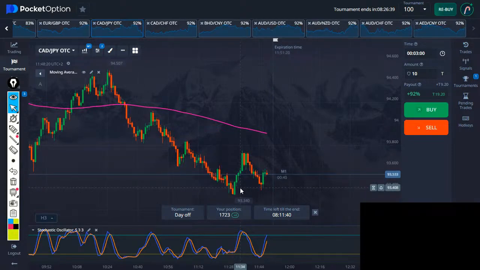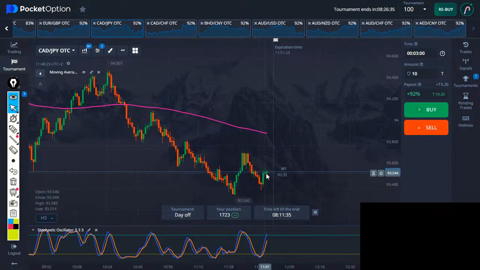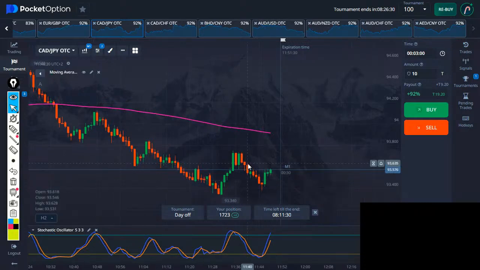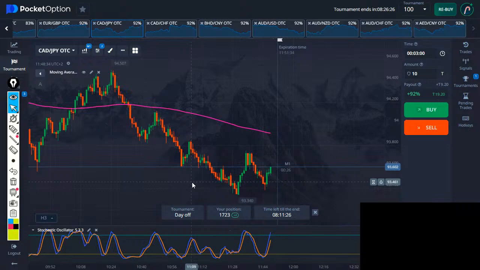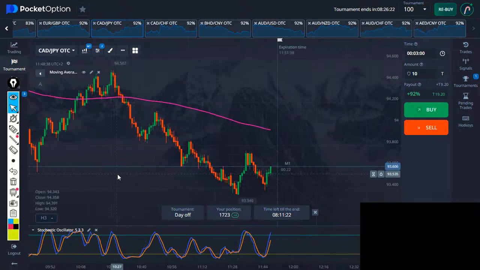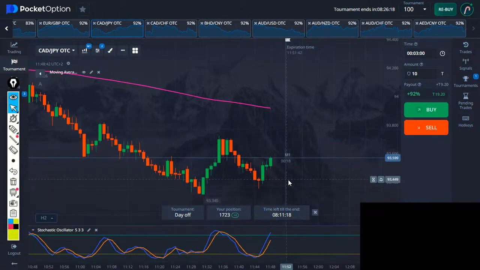That being said, we have a weakness from the buyers over here. So let's see if it's gonna make a higher high or lower high. The overall trend is bearish, so we might have a setup here. Let's wait for the stochastic to reach the overbought condition, and then once we see a cross to the downside, we take the sell.